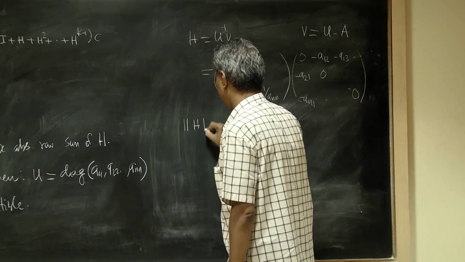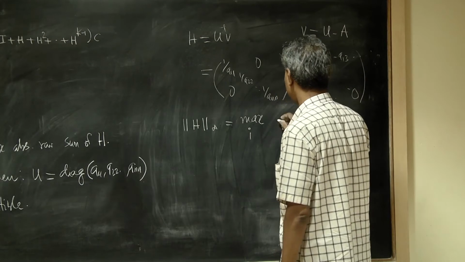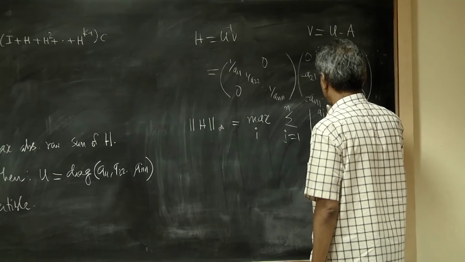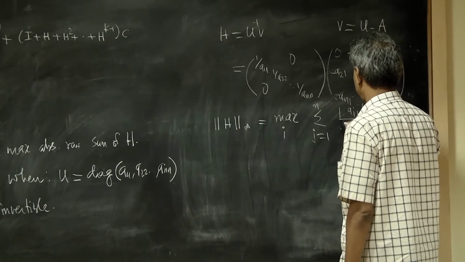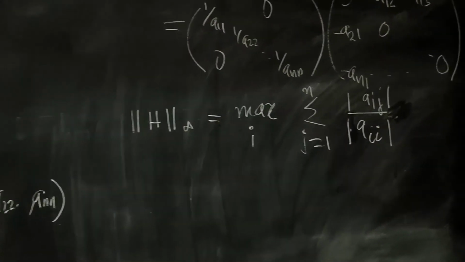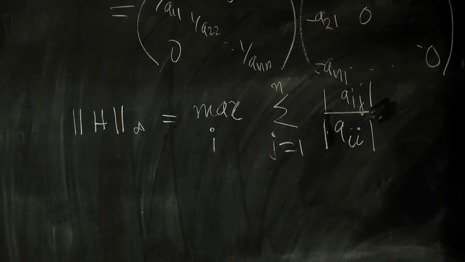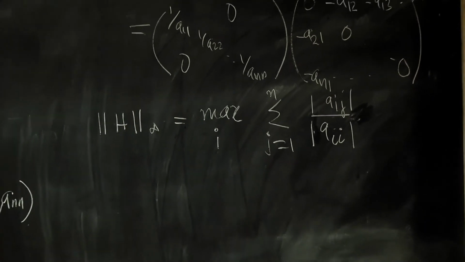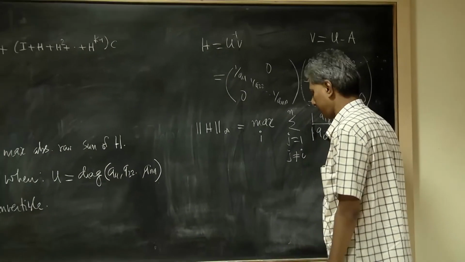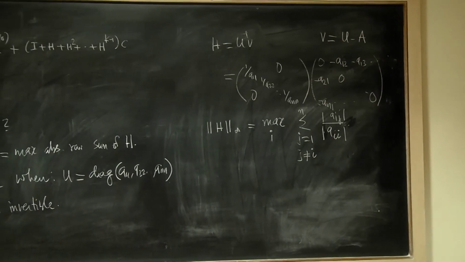So look at the infinity norm of H. It will be the maximum over i of the summation j equal to 1 to n of the modulus of Bij, which is the modulus of Aij divided by Aii. This is what will happen. So I have calculated the entries of H in terms of the entries of A. By diagonal dominance, I must also have j not equal to i. By diagonal dominance, j cannot be equal to i. And using these inequalities, this is strictly less than 1.